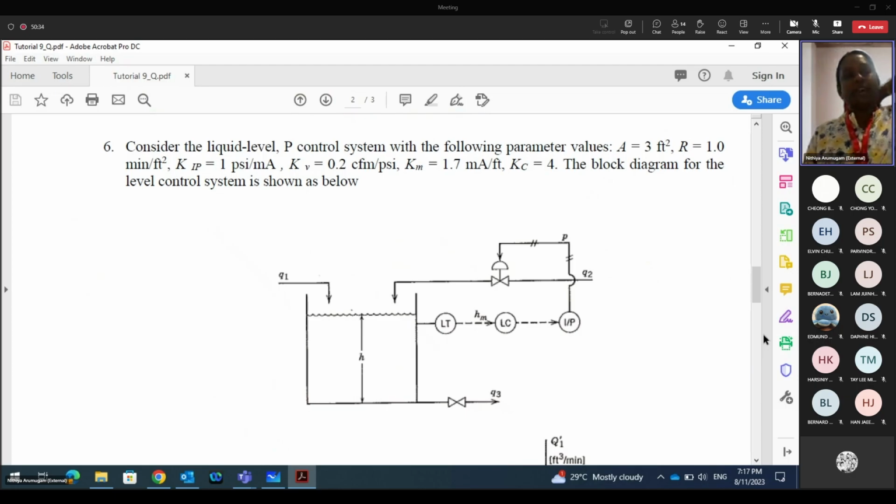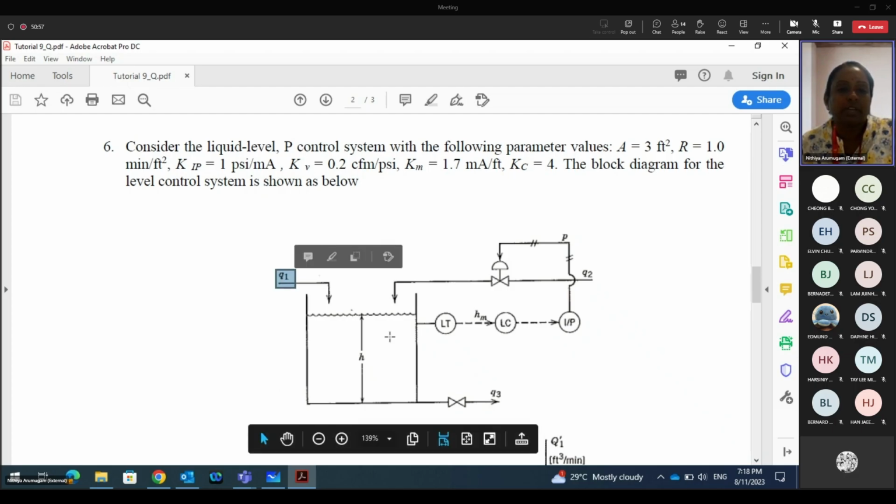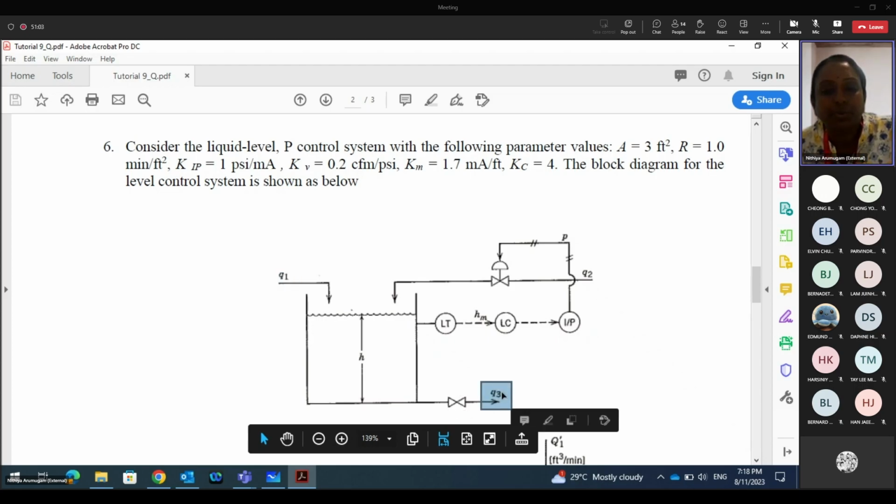That means we have an integrated proportional control system, KV valve, transmitter Km, and controller Kc. The block diagram for the level control system is shown below. We have input of Q1, okay? So Q1 is the input and we will be having output Q3.